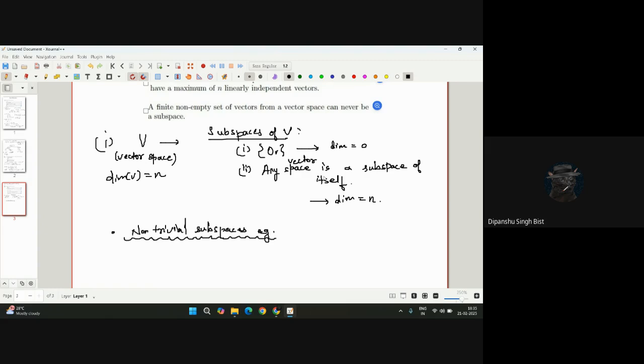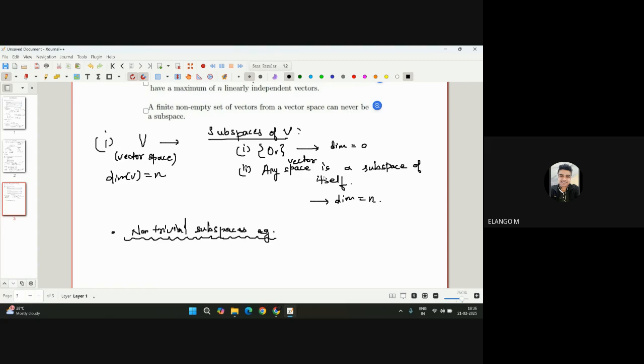If I talk about R2, then I have zero and R2 itself, so both are the trivial ones, and then I have some non-trivial ones also, like any line that passes through the origin.